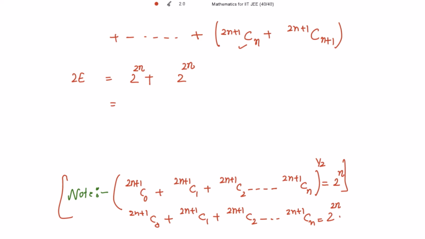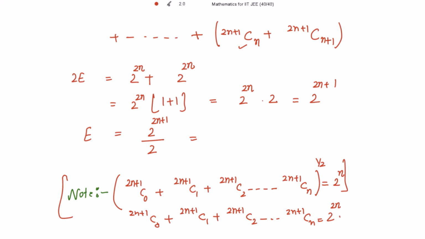So that is equal to, if I take 2 to the power 2n common, I get this to be 1 plus 1. That is equal to 2 to the power 2n into 2, which can also be written as 2 to the power 2n plus 1, right? Okay, so this implies we get E to be equal to, taking this 2 to the denominator, 2 to the power 2n plus 1 divided by 2, that is equal to 2 to the power 2n.